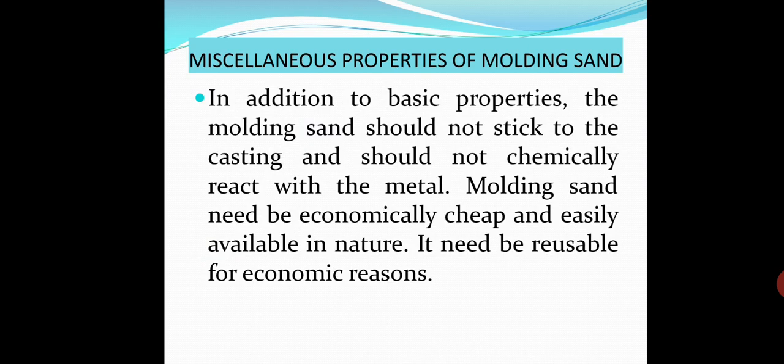This cavity is known as the mold, the process is known as molding, and the sand used for preparing this mold and core is known as molding sand. In the next video we will discuss patterns.